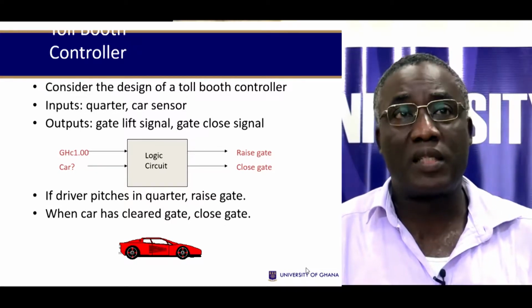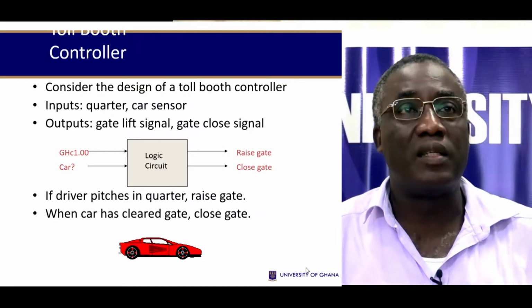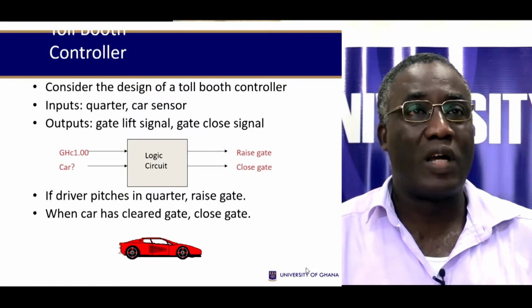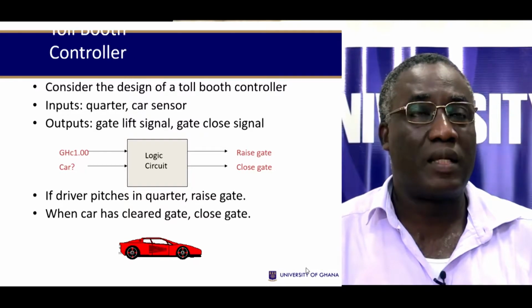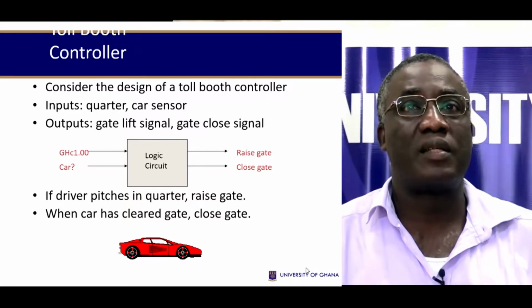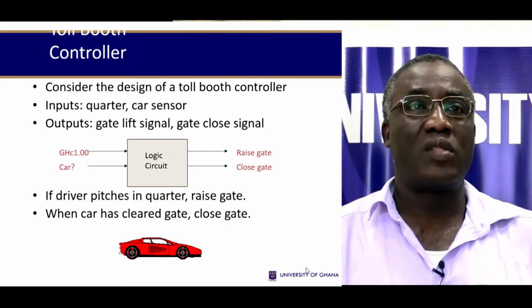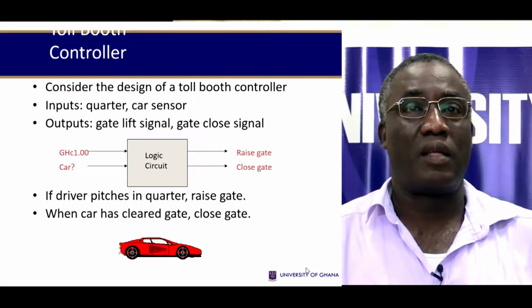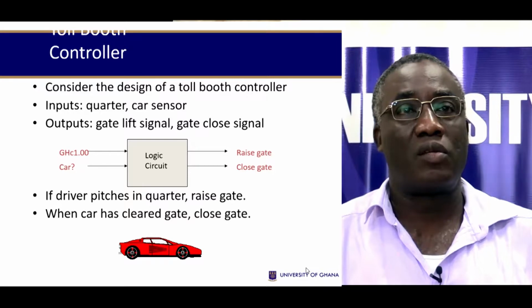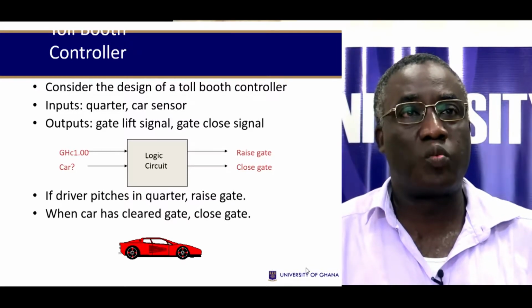So for such a logic circuit, you have the 1 cedi as an input. You have the car sensor that picks up that the car is present. The output is then to raise the gate and then to close the gate. So that is what you are supposed to do.